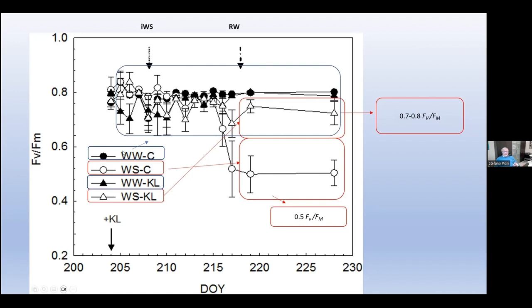And among these four treatments, you would notice that only this treatment, that is water stress control, meaning non-sprayed with kaolin, was the only one actually getting to limiting values for this parameter. What does this mean? Very simple. The kaolin has two very positive effects.